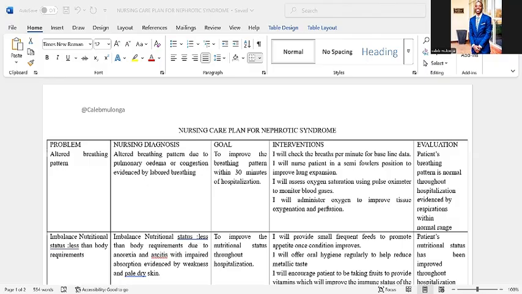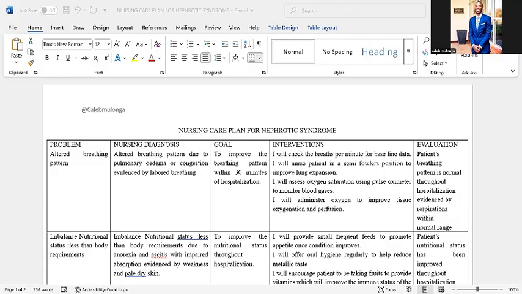As I have said, nephrotic syndrome basically is a condition that affects the renal system, specifically the glomerular basement membrane. During our assessment, there will be edema.